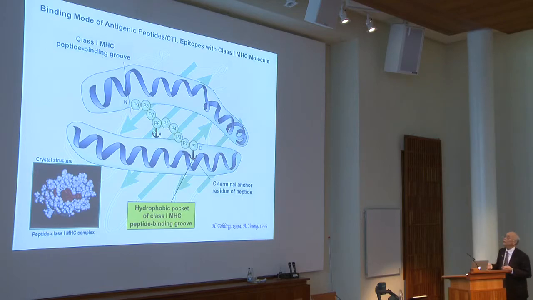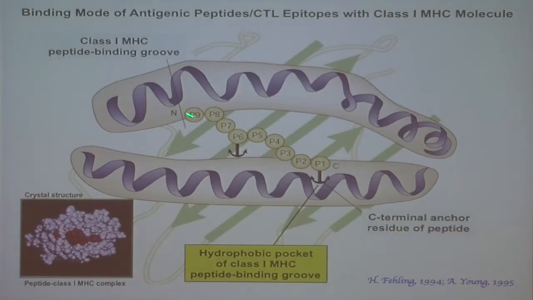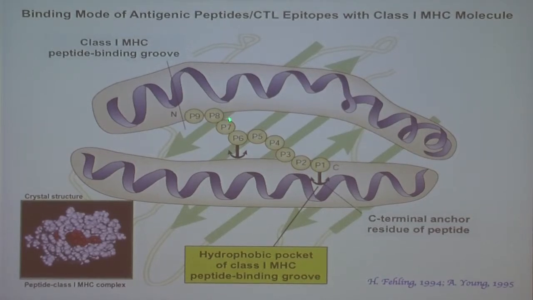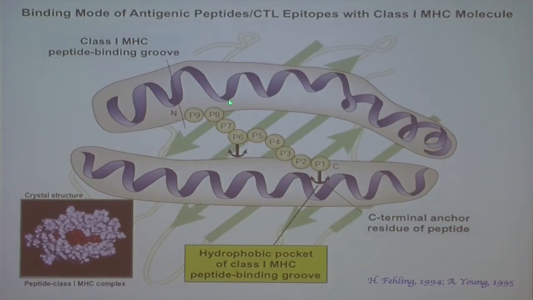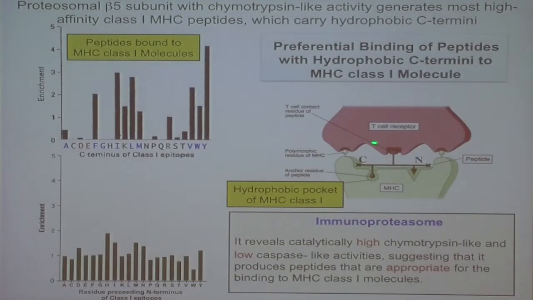And as you can see, this is a peptide associated with the model in immunology. A very important point is that the C-terminal is the anchor for MHC class 1, and the middle part is also important. As you can see, proteasome changing to immunoproteasome has high chymotrypsin-like activity and low caspase-like activity.